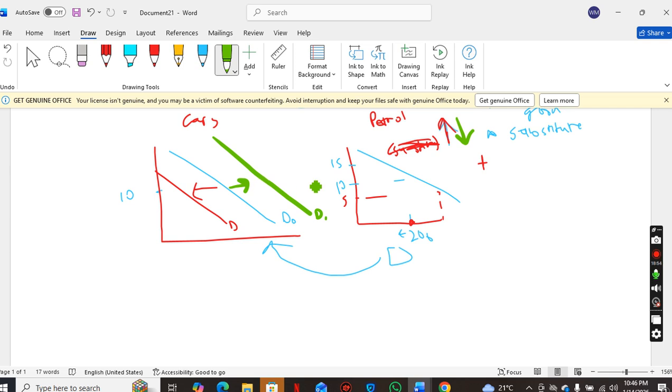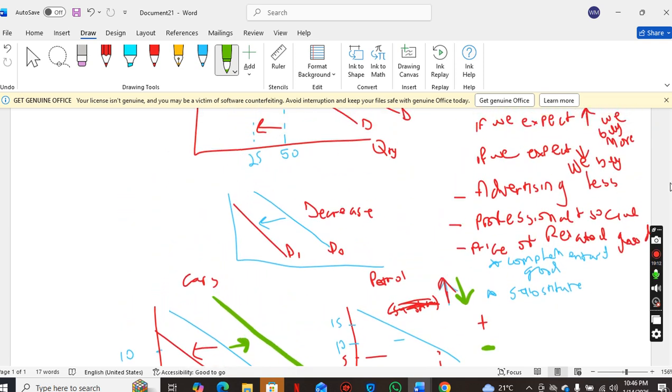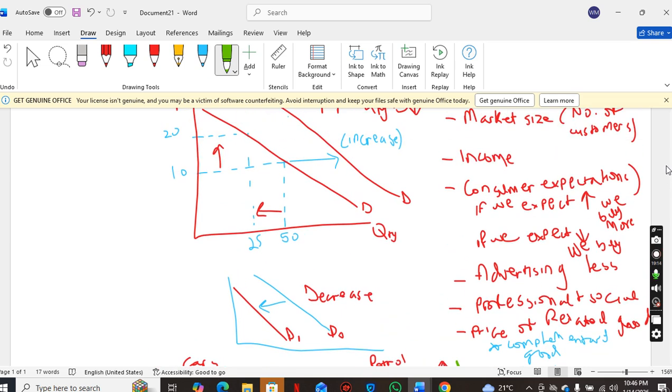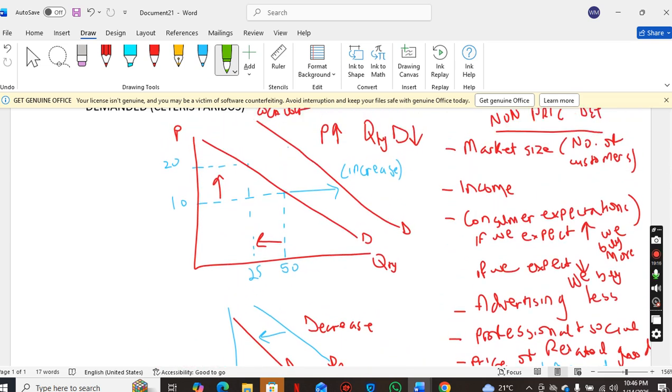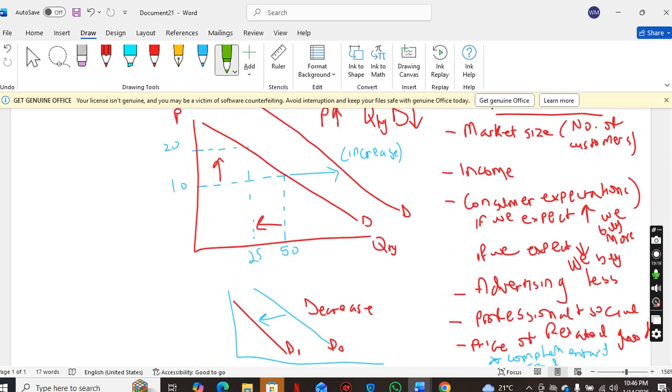Okay, so in multivariable demand functions, the demand function which has a lot of variables, when you see a negative sign with the price of another good, just know it's a complementary good. Yes, so these are the main shifters of demand, or the non-price determinants of demand.